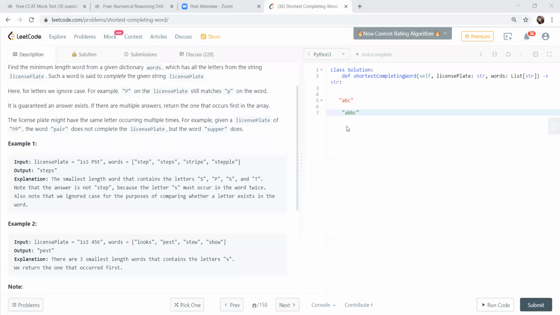Okay, given the license plate and the list of words, the characters in a word can be in any order. They don't need to be in the same order. So sorting is not required.